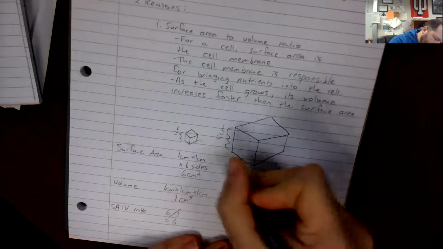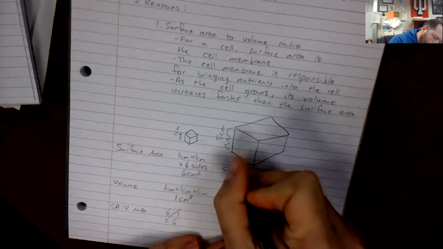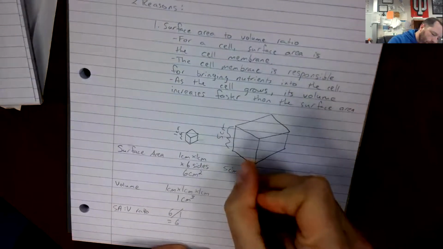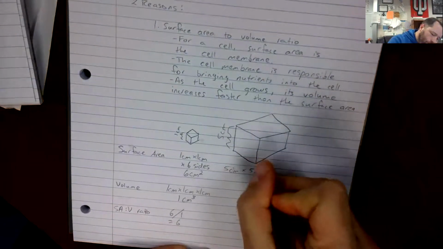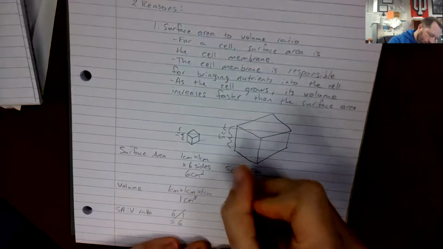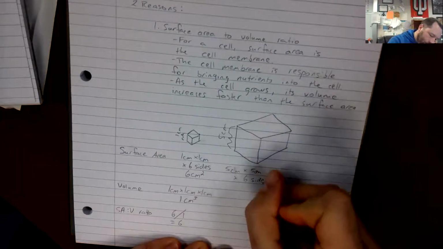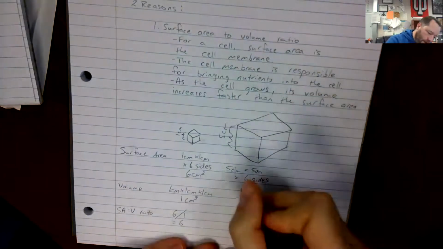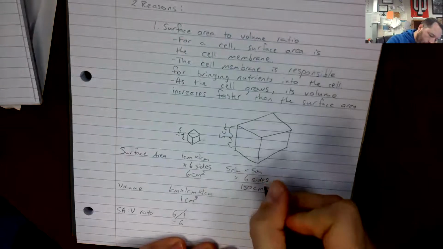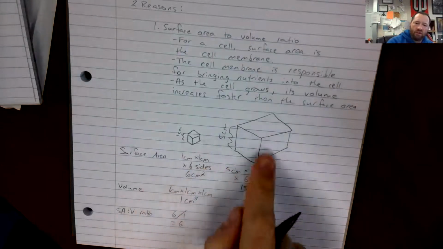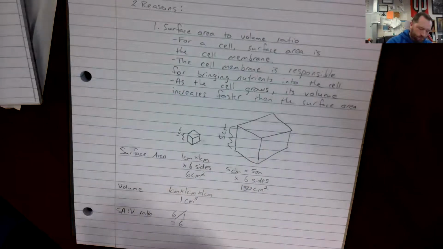Again, the surface area, length, make sure to put our units on that, times height, 5 centimeters by 5 centimeters, times 6 sides. Do the math right. And we get 150 centimeters squared as our surface area for our large cell.